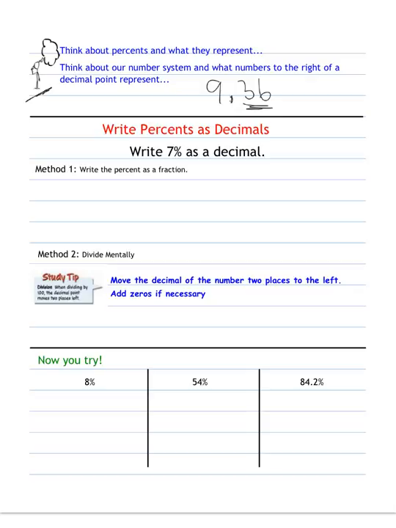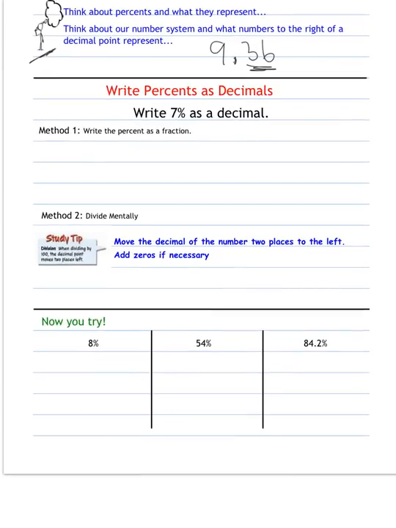Okay, today we are looking at writing percents as decimals. So we're looking at this 7%, and we want to write 7% as a decimal. There's two methods. The first one is to write the percent as a fraction. And again, if we remember 7%, since we've got that percent sign on here, that's telling us that it's out of 100.